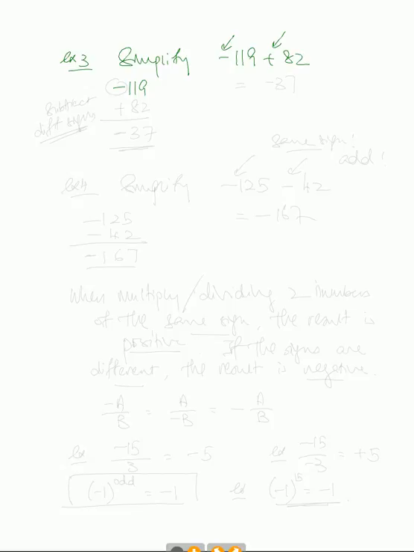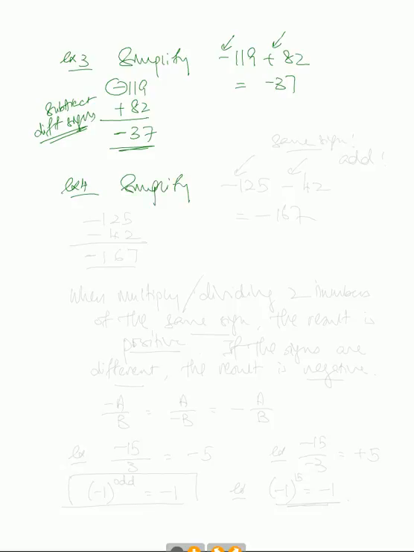So -119 is on top, +82 is at the bottom, and because the signs are different, you subtract. But you keep the top sign. So 9 minus 2 is 7, 11 minus 8 is 3. So the answer is -37.